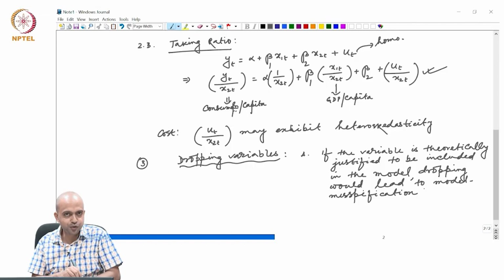So, you cannot drop a variable when the variable is theoretically justified to be included in the model.